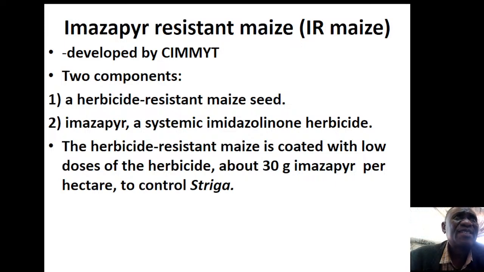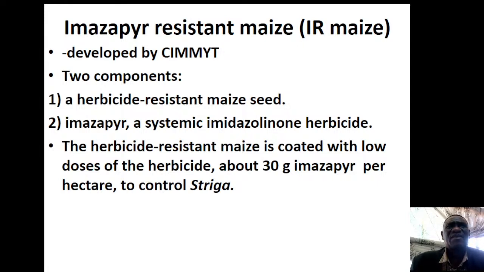This technology, where we have imazapyr resistant maize, which was developed by CIMMYT, could be used to control Striga. It has two components. You have got herbicide resistant maize seed and imazapyr, a systemic imidazolinone herbicide.